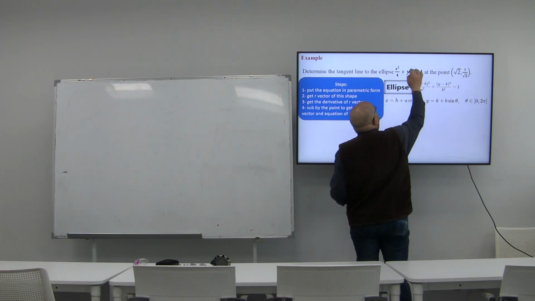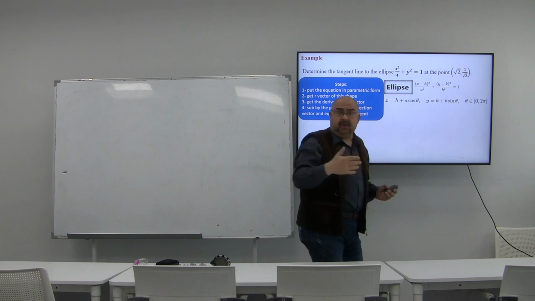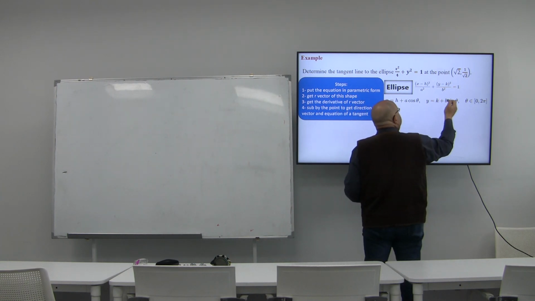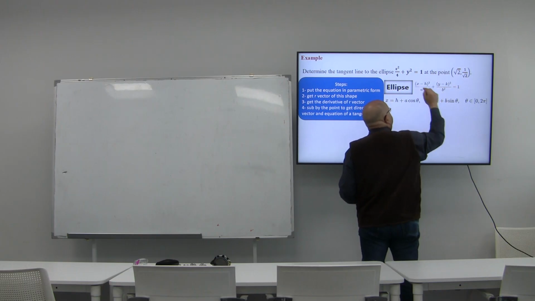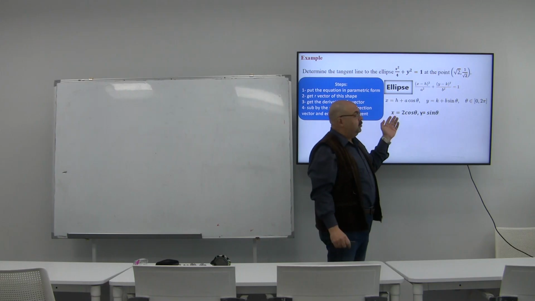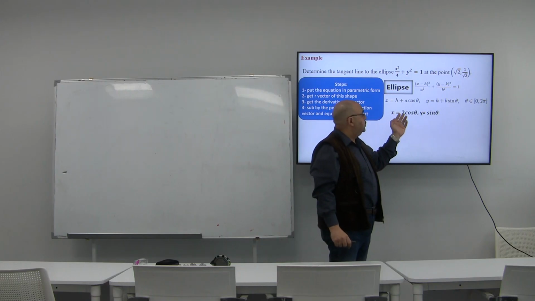For y, we don't have y minus k, so k is equal to 0. So once more, this is going to be 0 plus b, which is the square root of 1, that means 1 sine theta. And so this is what we will have: x equals 2 cosine theta, y equals sine theta.